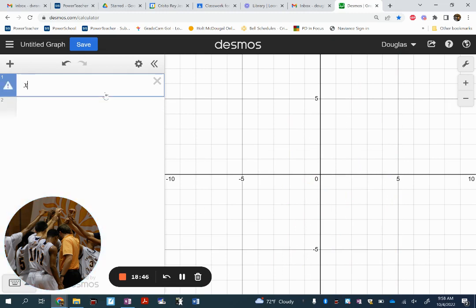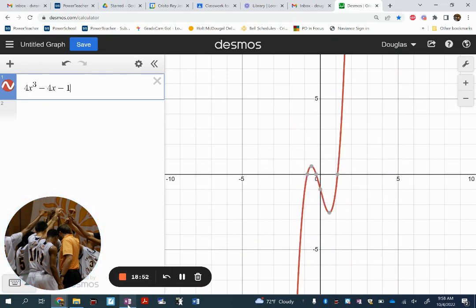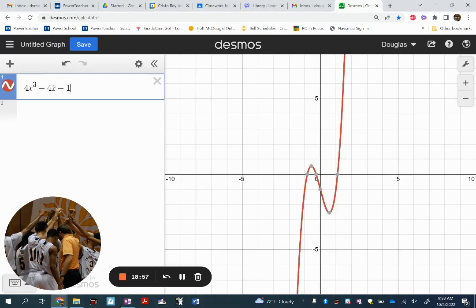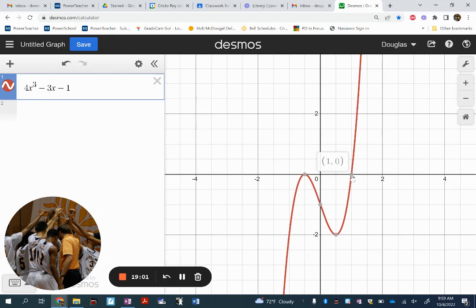4x cubed minus 3x minus 1. Let me just confirm that is right. Nope, 4x cubed minus 3x minus 1. There we go. All right, and if you look, I'll zoom in. Here is that x equals 1. That was the first one we found.